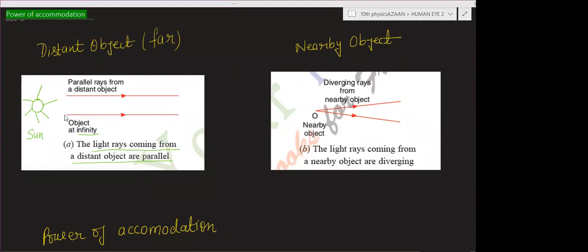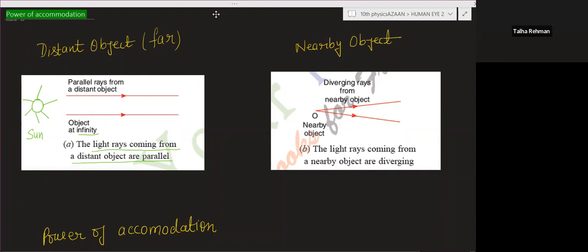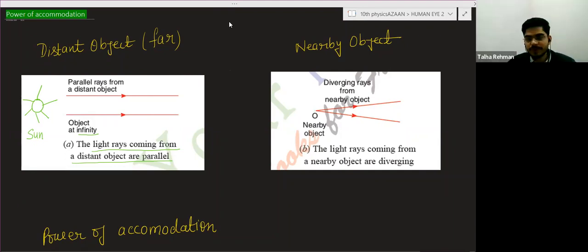From the sun. So basically, a distant object we assume at infinite. Infinite means a very large distance from us. So from the distant object, we will get parallel rays. From the nearby object, we get diverging rays.